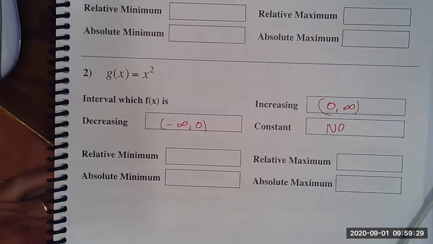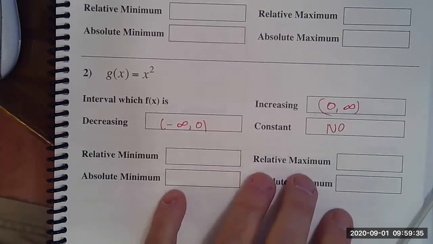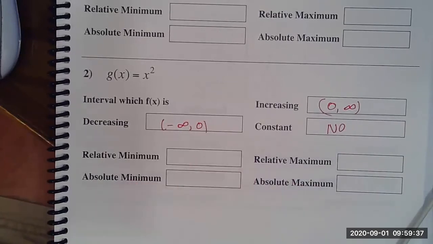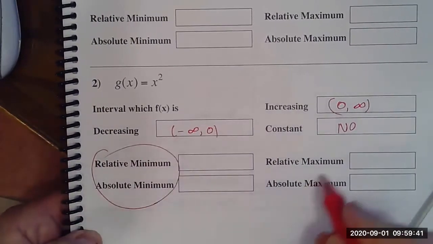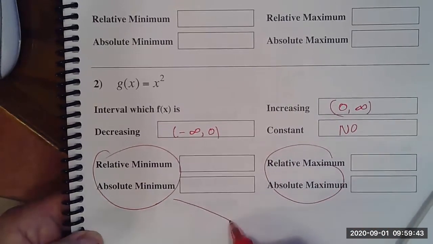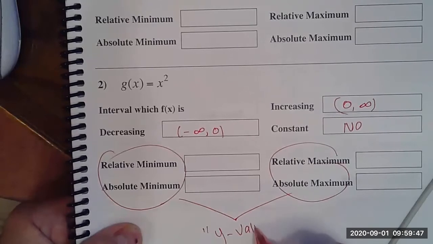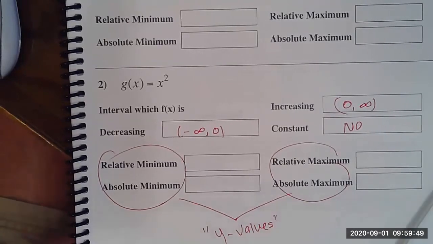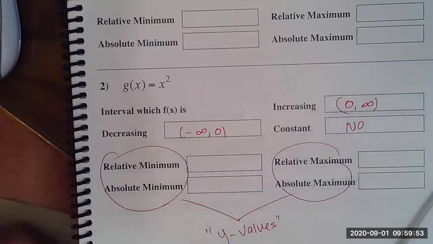Okay, in your textbook as well, you will find topics that are called relative mins and maxes, absolute mins and maxes. All right, these are y values. So all of these are going to have, if they have one, always y equals.